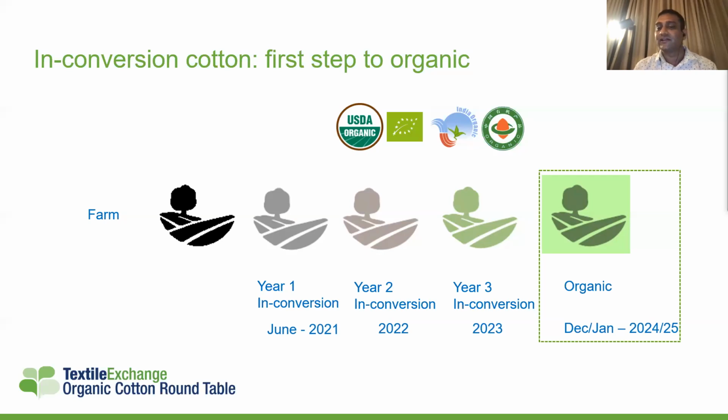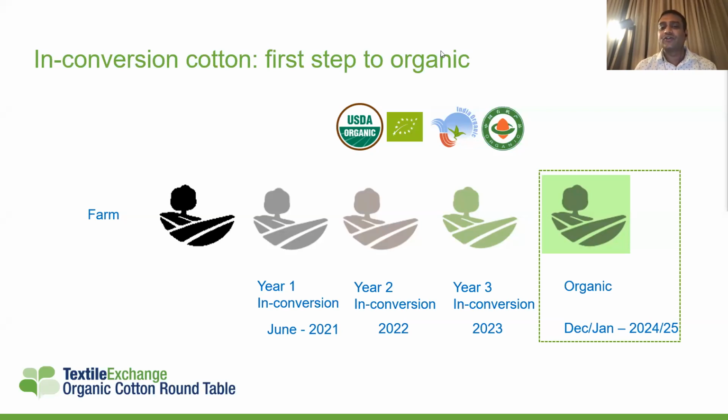And once the land is free from pesticides, synthetic fertilizers, and GMO, then my land will be certified as organic. So let's take an example of the upcoming season. For India, if I'm a farmer and I decide I want to go for organic certification in June, I will plant in June 2021. 2022 is the second year of conversion, 2023 is the third year of conversion, and in the fourth year, December, January 2024, 2025, I'm going to deliver a product as organic.